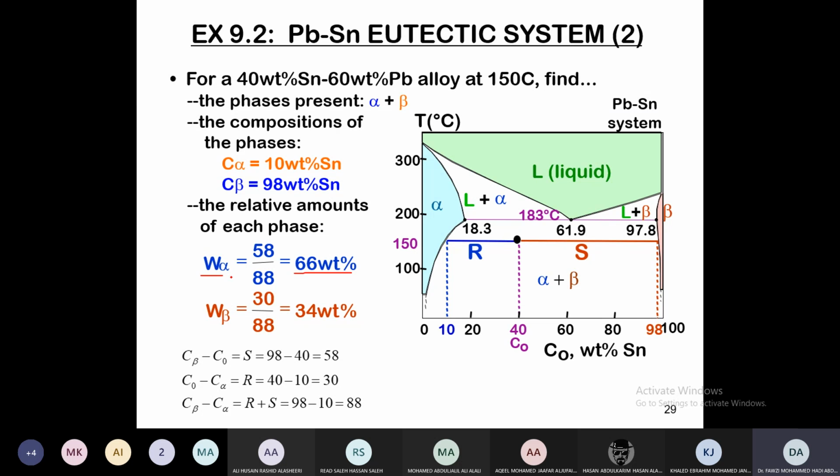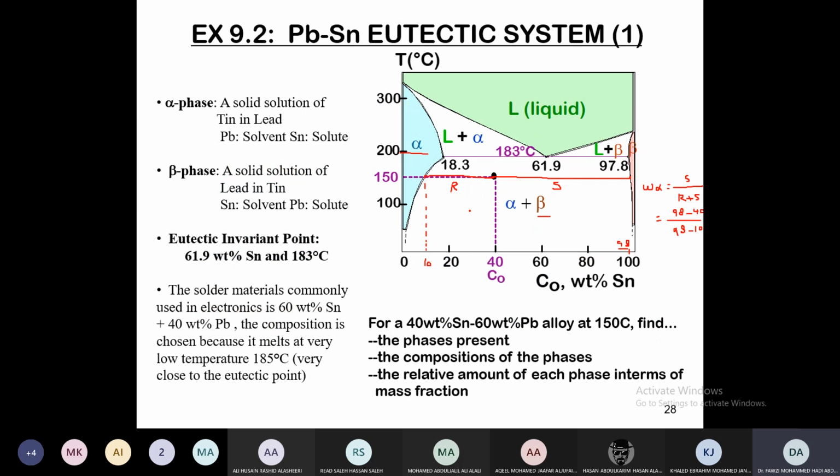In order to get the weight fraction of beta, you can do the same thing. Weight fraction of beta equals, on the other hand, this is the beta.